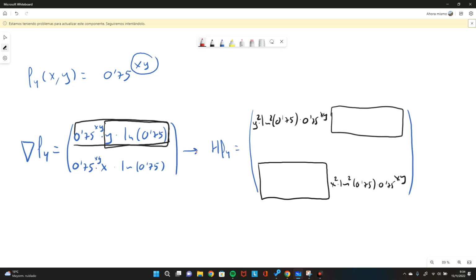But when we actually perform the other derivatives, there is a product. We have this, which is actually a constant, so that starts there, the natural logarithm of 0.75, it's going to be multiplying everything, okay, because that is just a constant.